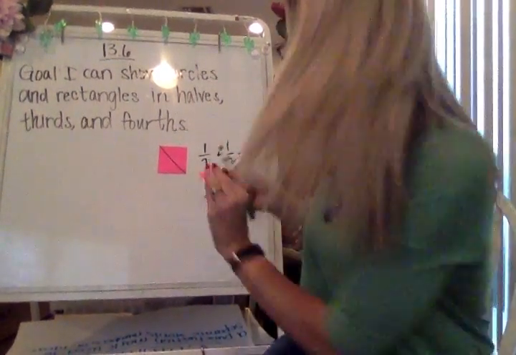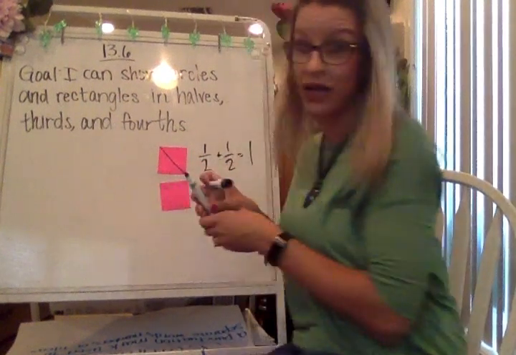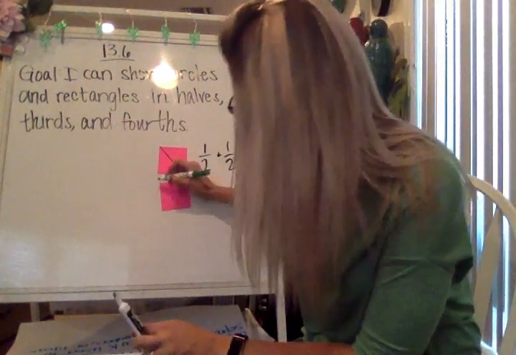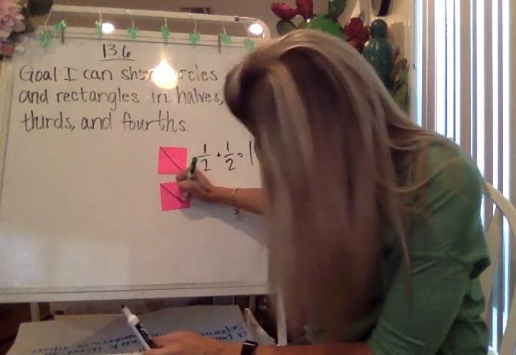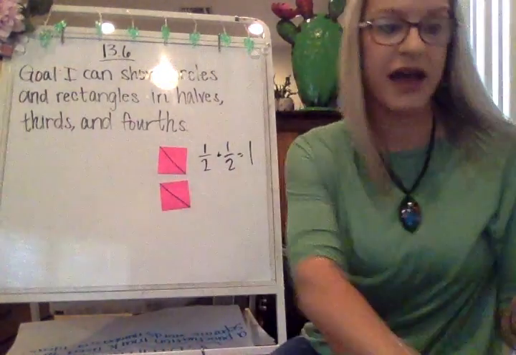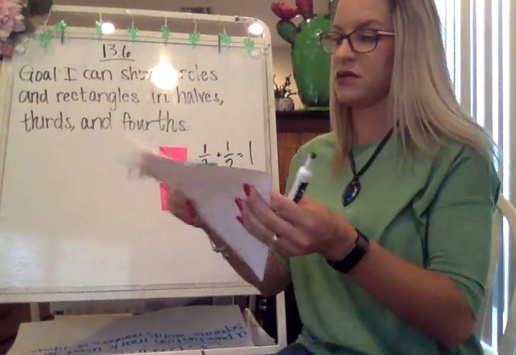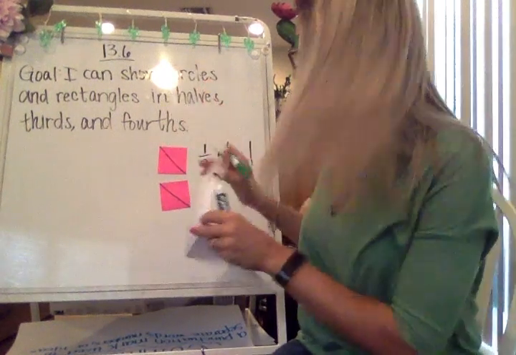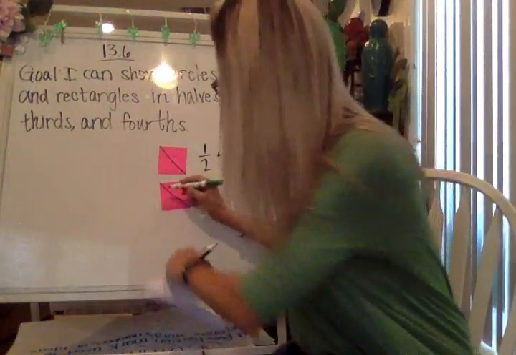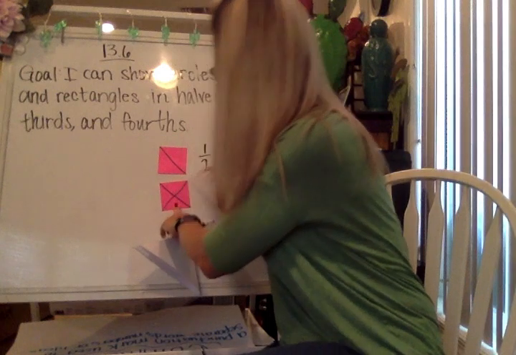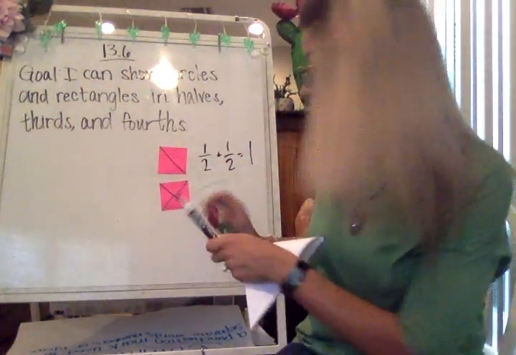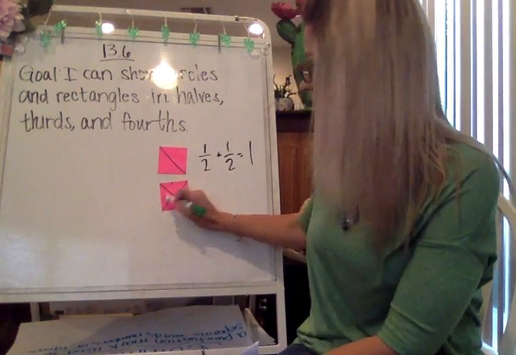Now the second one that I did where I made 4 equal pieces, what I did first was I folded here in half, remember, just like that. And then I folded it again, and that gave me 4 equal pieces, 1, 2, 3, and 4.